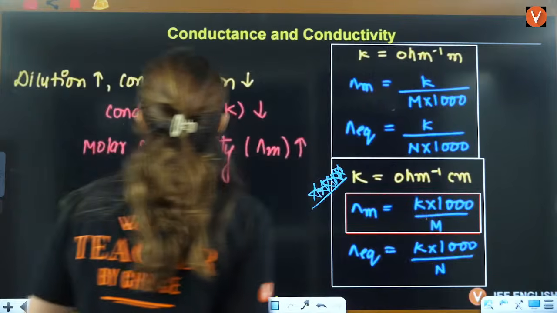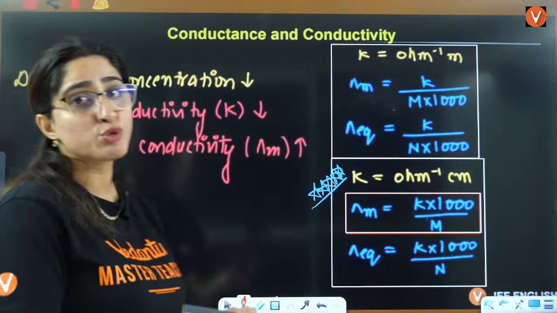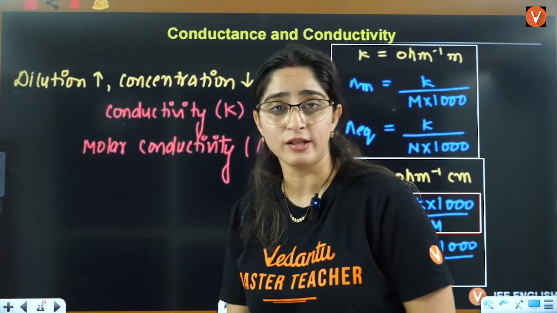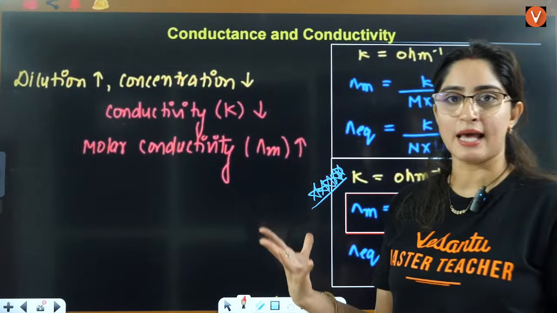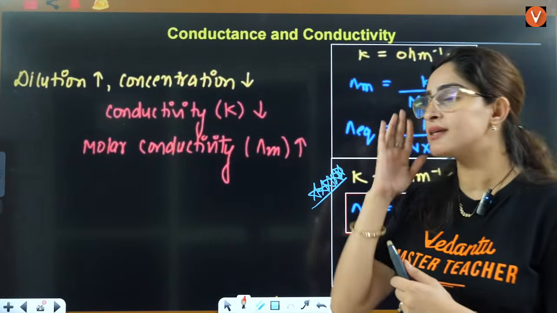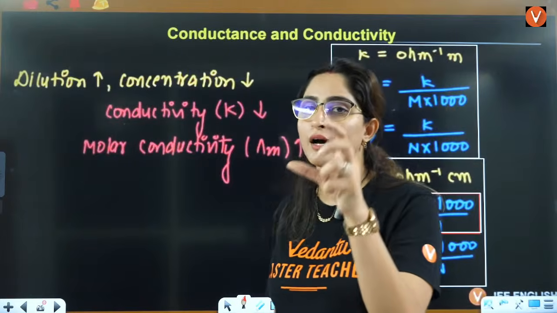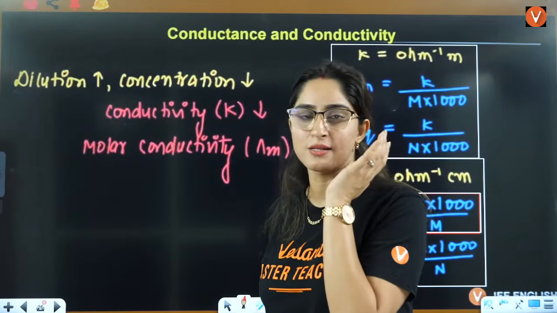Now let's see dilution. When you add water, dilution happens, and when you dilute something its concentration is going to decrease. So when you decrease the concentration, kappa, the conductivity, will always decrease. Why?